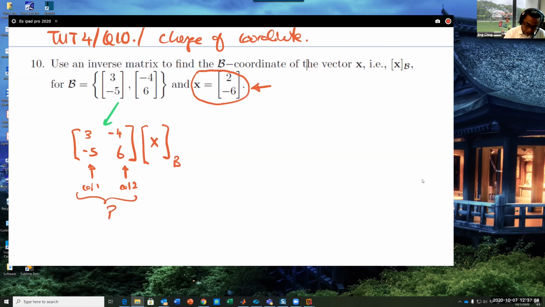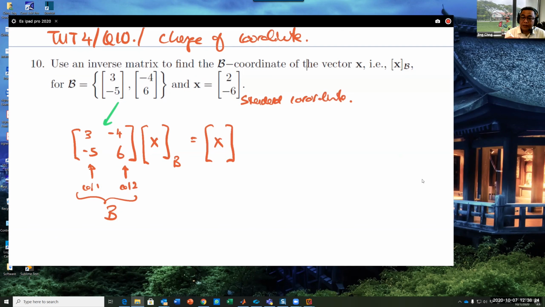So this is the B coordinate matrix, and that is X of B using the B coordinate matrix. When I multiply B by XB, I will get the X. Now, he didn't write it for you, but this is the standard coordinate, meaning that this is a typical way we see the world.